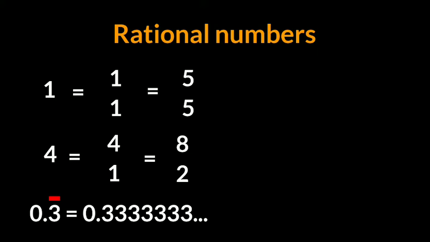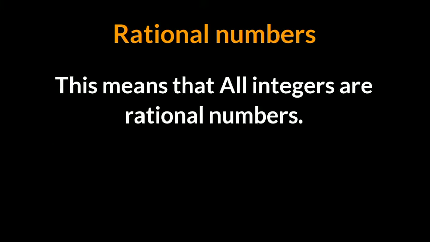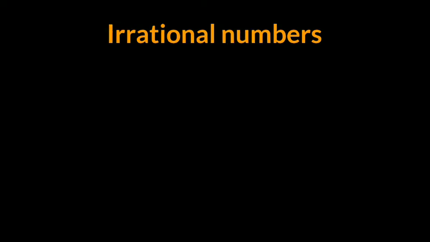So these numbers are called rational numbers. Before we move on, I would like to state something: with the examples given, this means that all integers are rational numbers. Okay, now let's move to irrational numbers.